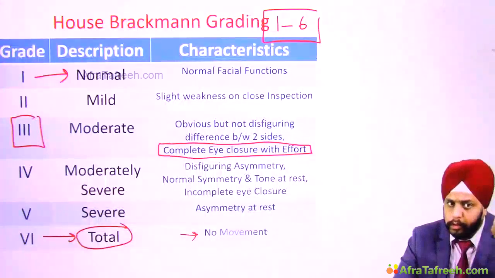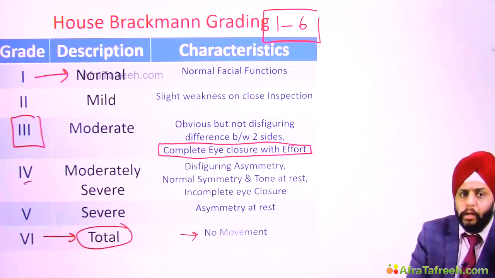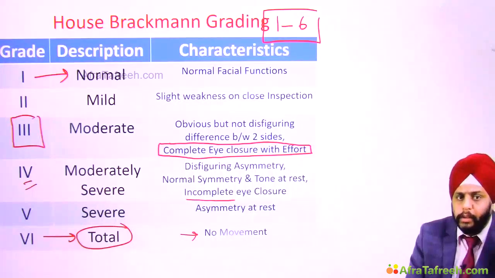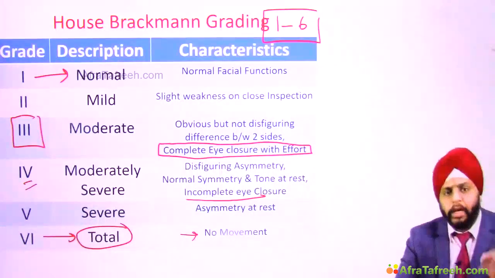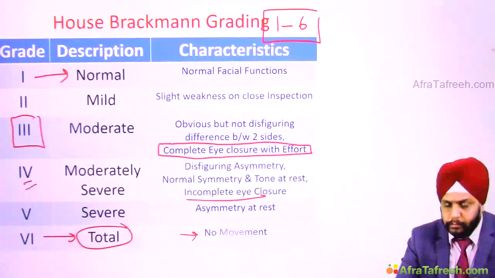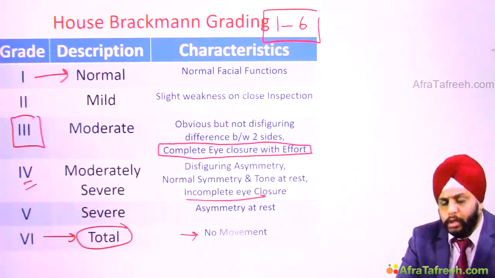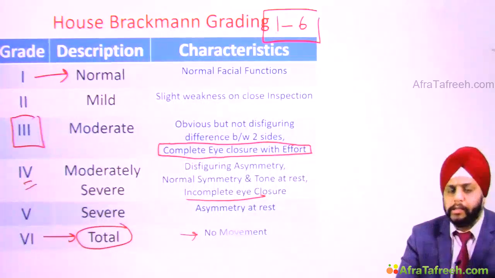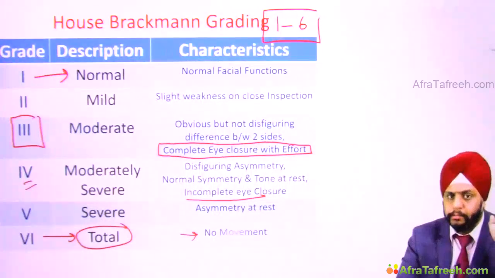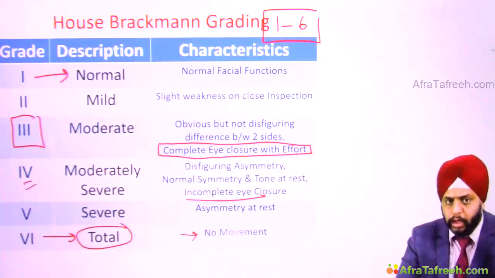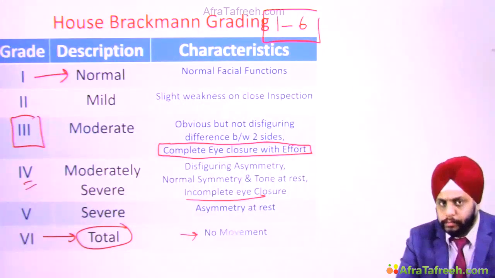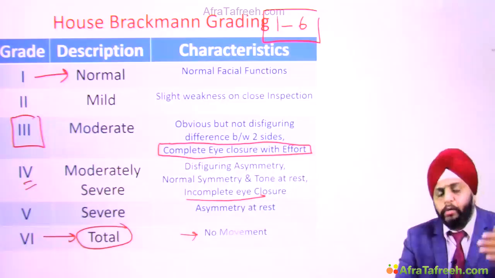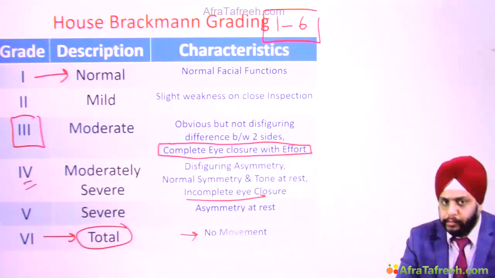That is important because in grade 4 the eye closure will be incomplete, so in grades 4, 5, 6 eye closure will be incomplete. Whenever you have a question on the grade of a facial palsy, look at the eye. That is how I do it. If eye closure is complete, it is grade 2 or 3. If eye closure is not there, it will be grade 4, 5, 6.